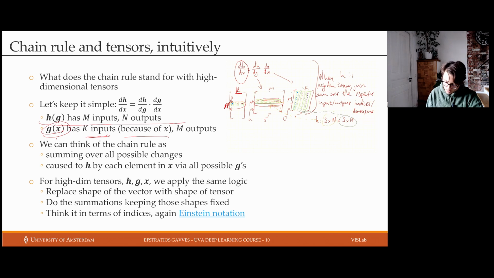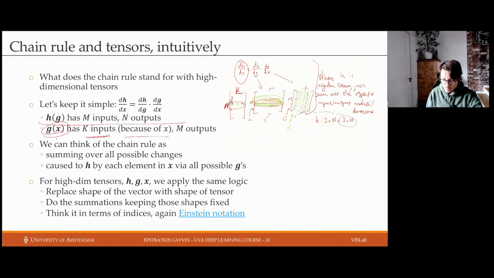So this is the whole row that we're interested in. Maybe I should use the green color, right? So this is the row in this Jacobian that corresponds to all effects that a specific x1 has. Then we multiply it with all the x1 effects, and we arrive at our result.